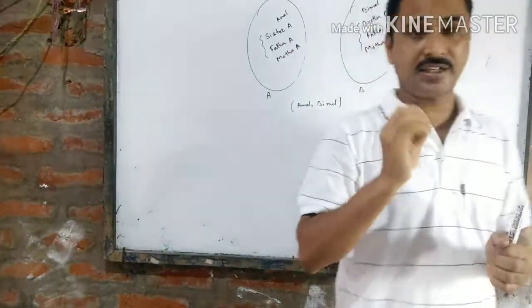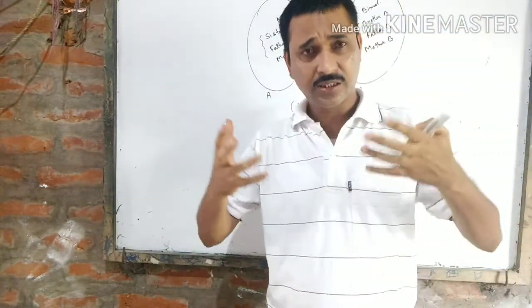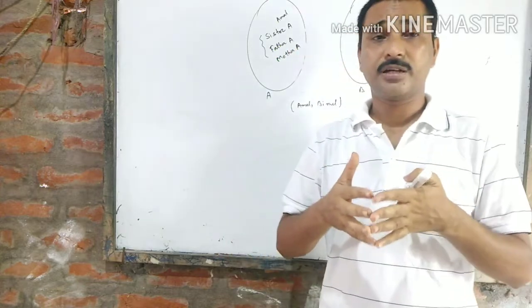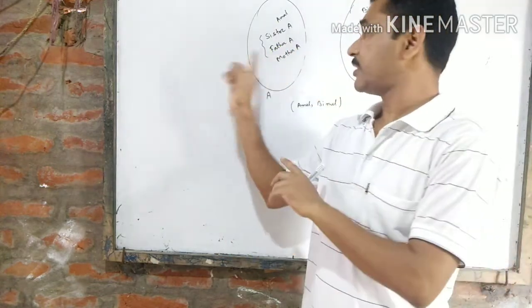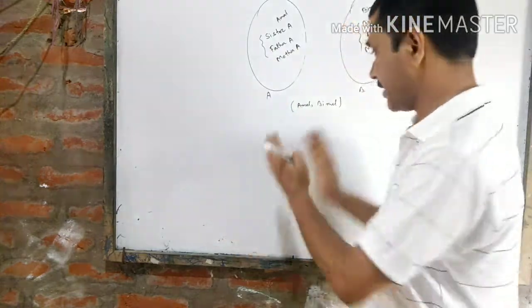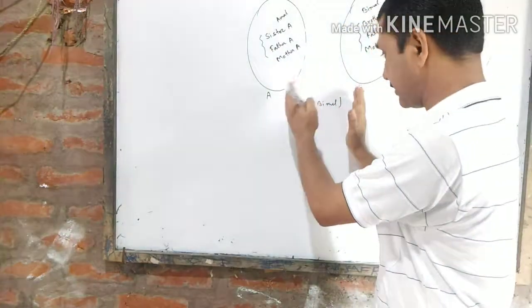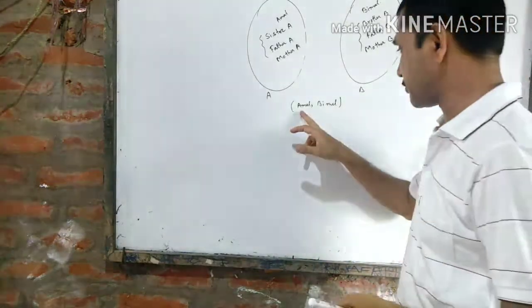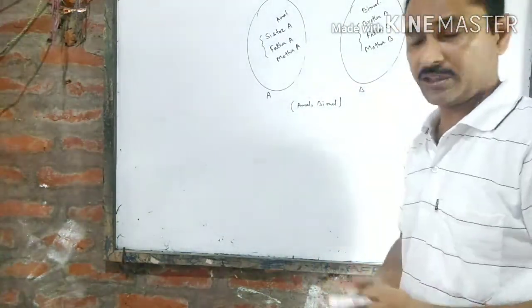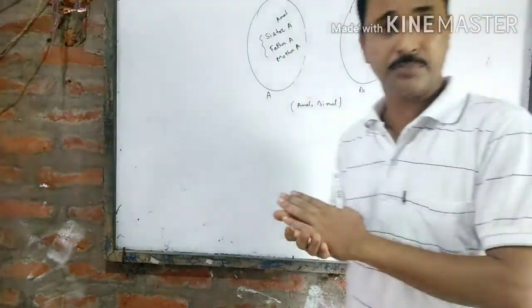So first thing is clear that the elements of a relation are nothing but elements of the two sets. Okay, we form a relation by ordered pair. When I say Amol is related to Bimol, we write it in this way: ordered pair Amol comma Bimol. It means Amol is related to Bimol.